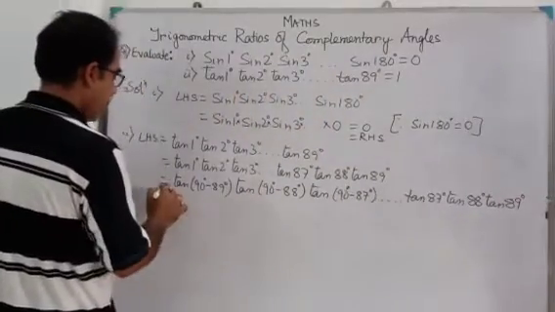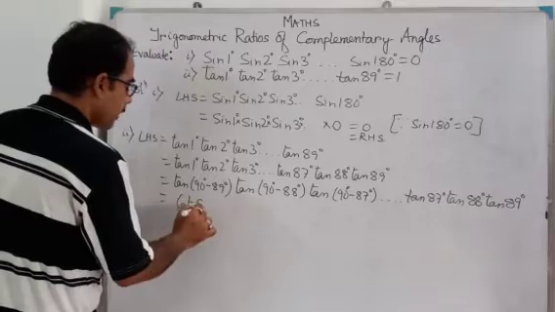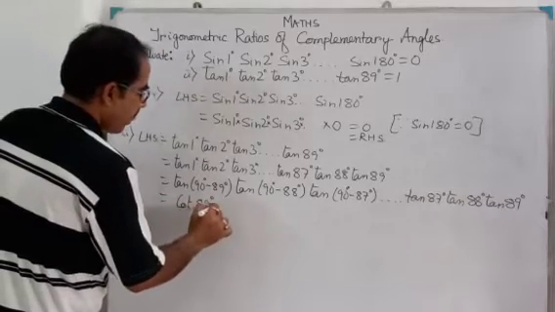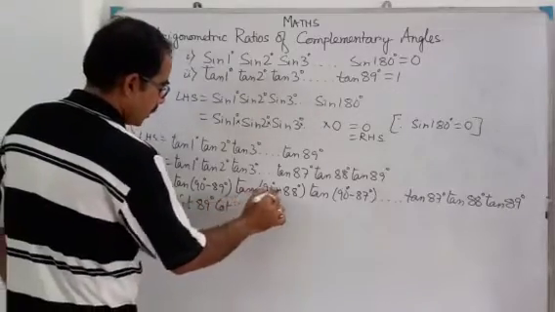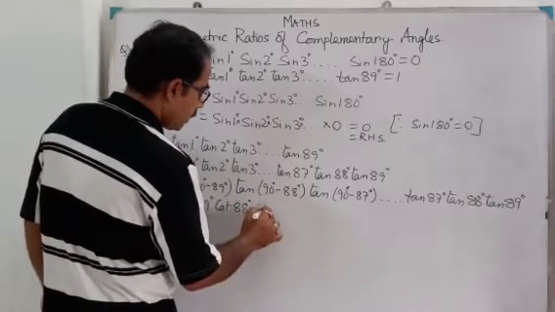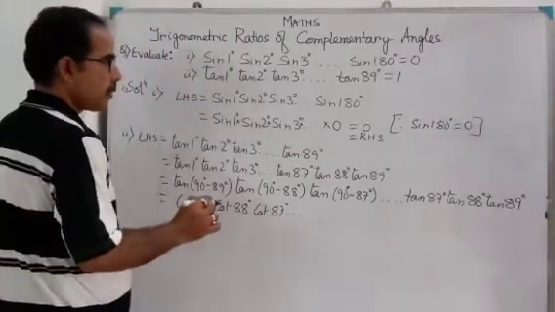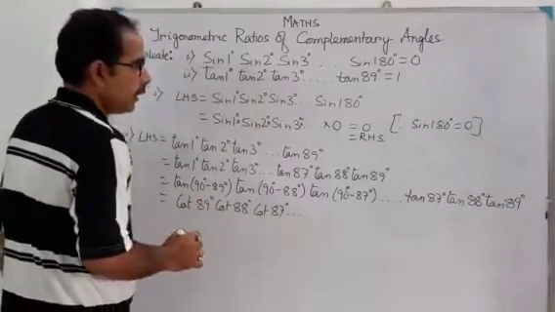Okay, so tan 90 minus 89 is what? Cot 89 degree, cot 88 degree, cot 87 degree, dot dot dot. In such a way we will proceed.